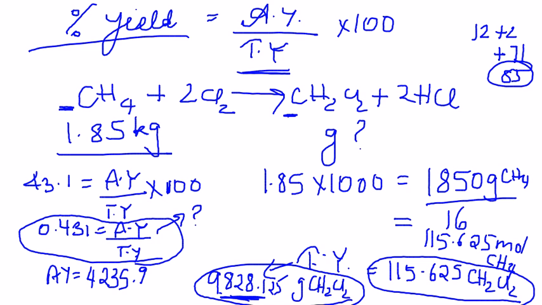Report only 3 significant figures, so you can write that as 4.24 kilograms or 4.24 times 10 to the third grams as the final answer. With that, the main concepts in this chapter are over, and we'll go over the worksheet in class.